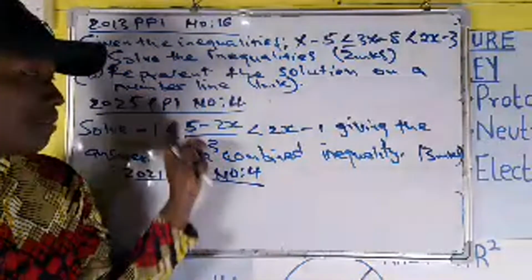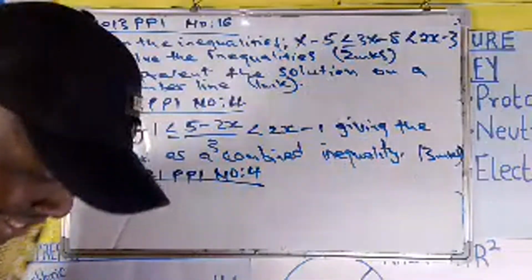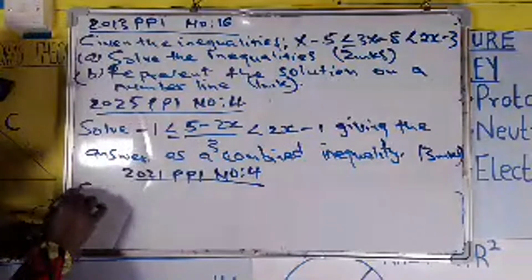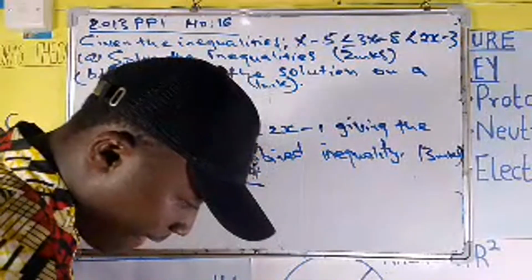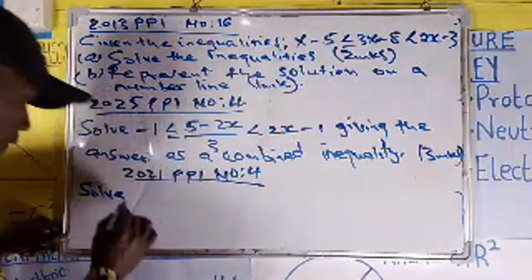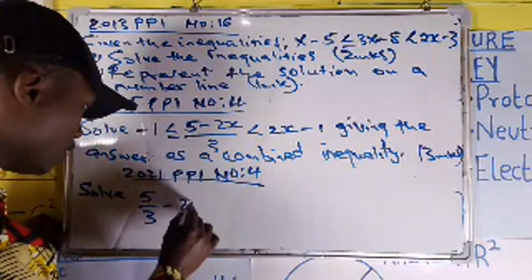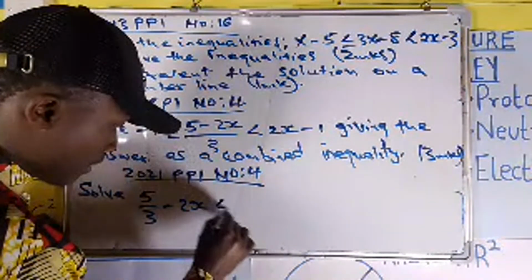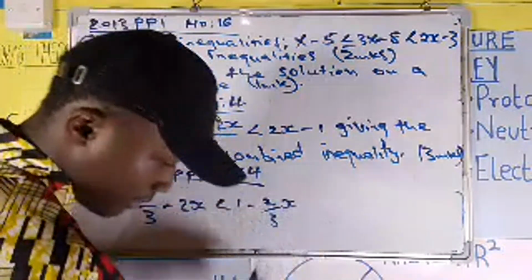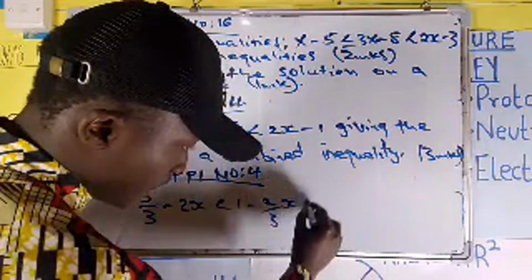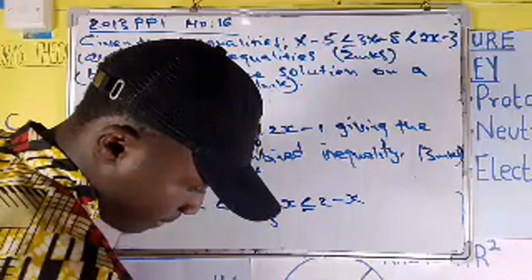So can that give you a trend? 5 over 3 minus 2x is less than 1 minus 2 over 3x is less than or equal to 2 minus x.